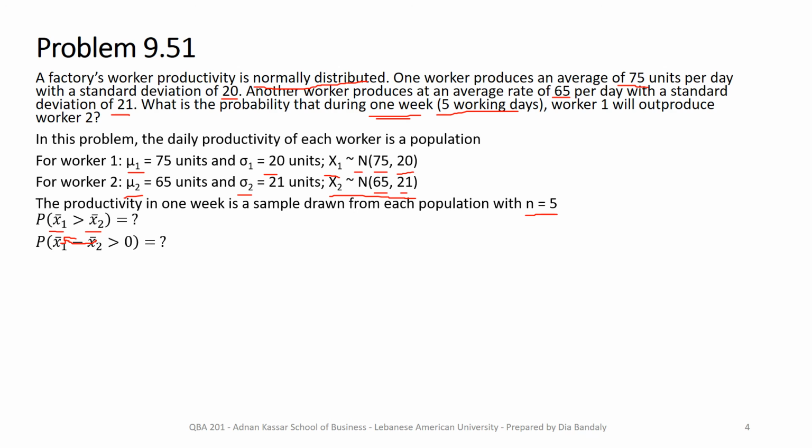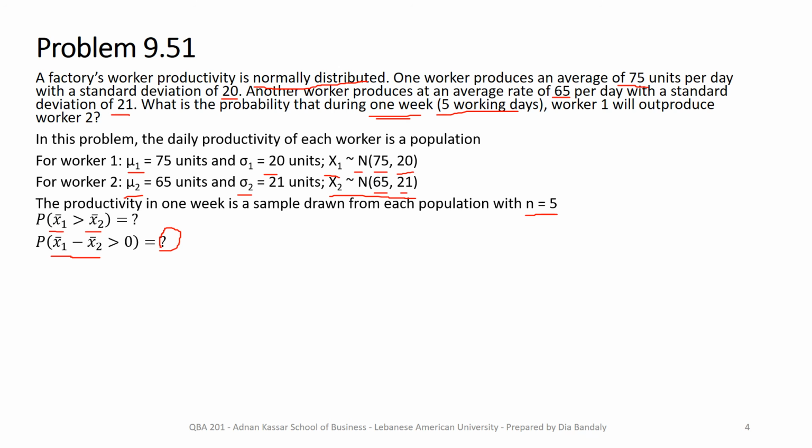Let me just erase that, because now you cannot read it at all. Okay, so I brought it to the left, which gets me a difference between two means. And the question is, what's the probability that x1 bar minus x2 bar is greater than 0?